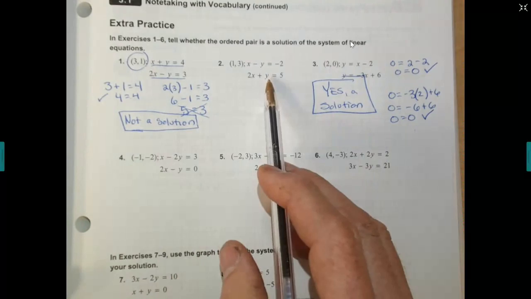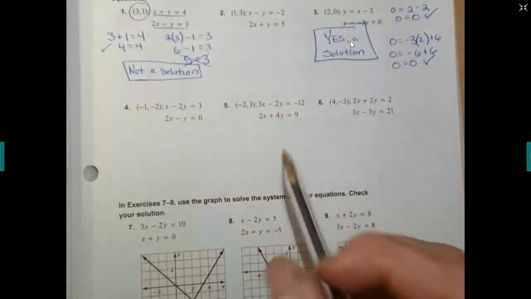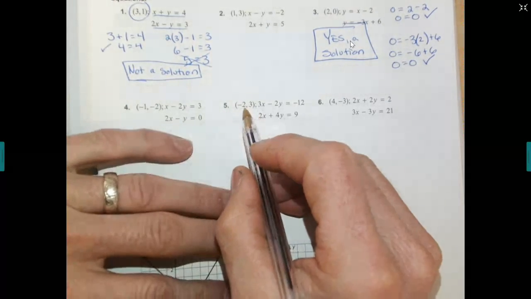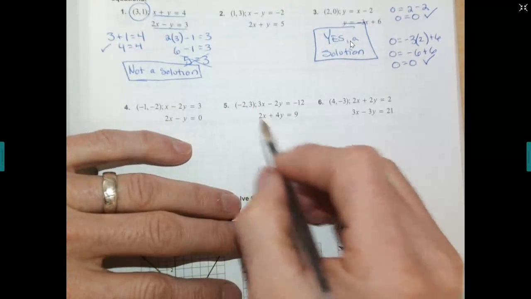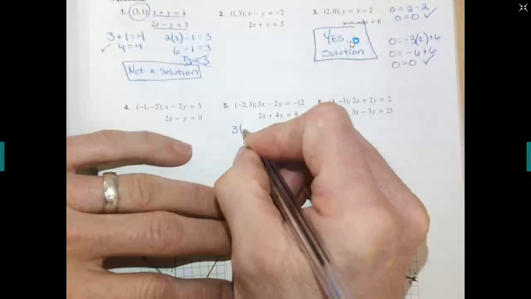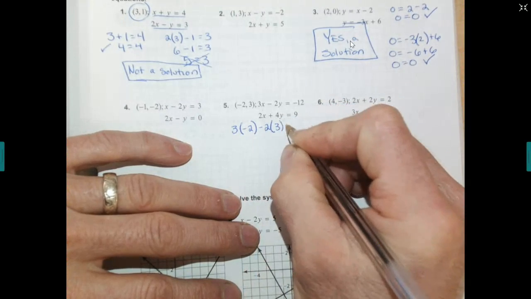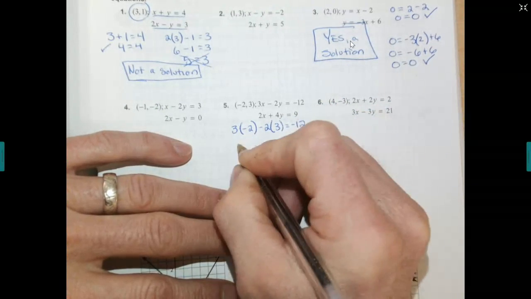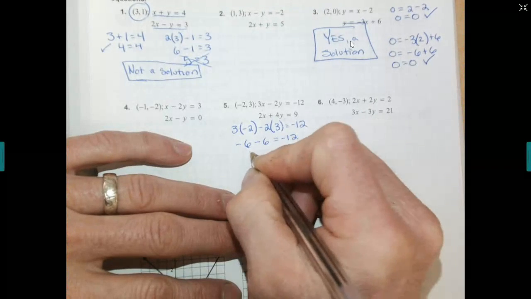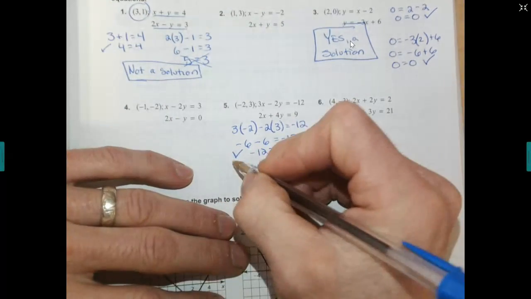So do number 2, go ahead and move on to number 4, and I'll do number 5. So (-2, 3) is our solution for this system of linear equations. Let's check. 3 times negative 2 minus 2 times 3 equals negative 12. Negative 6 minus 6 equals negative 12. Negative 12 equals negative 12. So that one checks out.